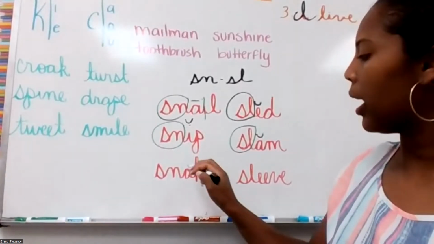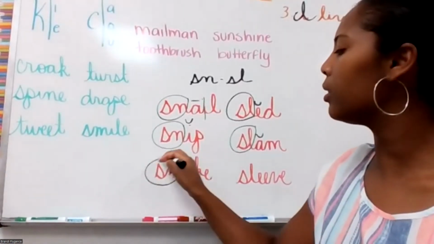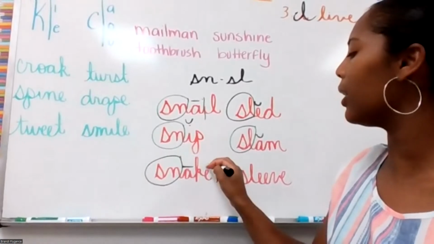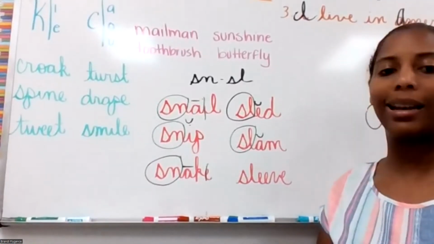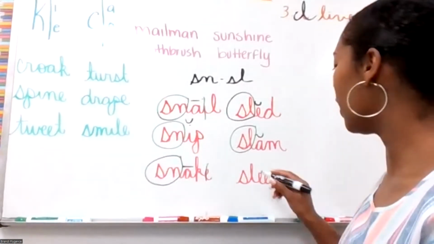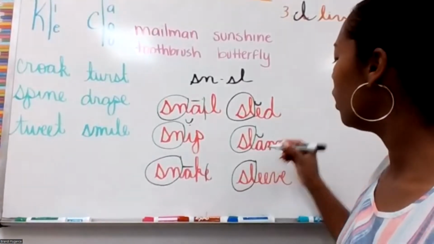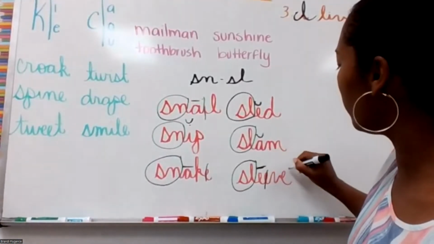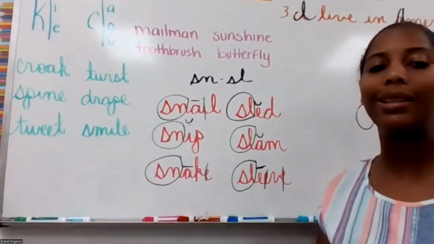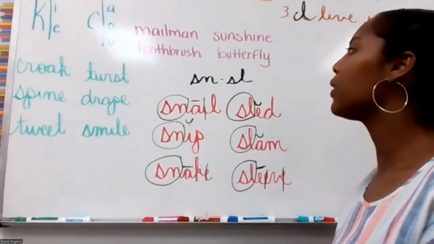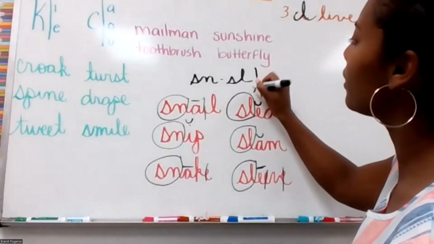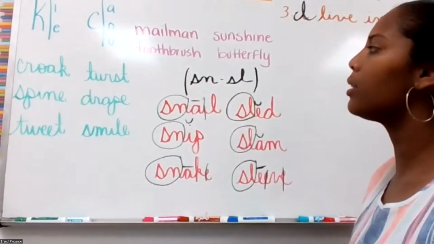Slam. Next one, SN, long vowel A, silent E. The word is? Snake. And then the last one, SL, long vowel E, we cross out the other two E's. The word is sleeve. So that special sound SN says /sn/, SL says /sl/.